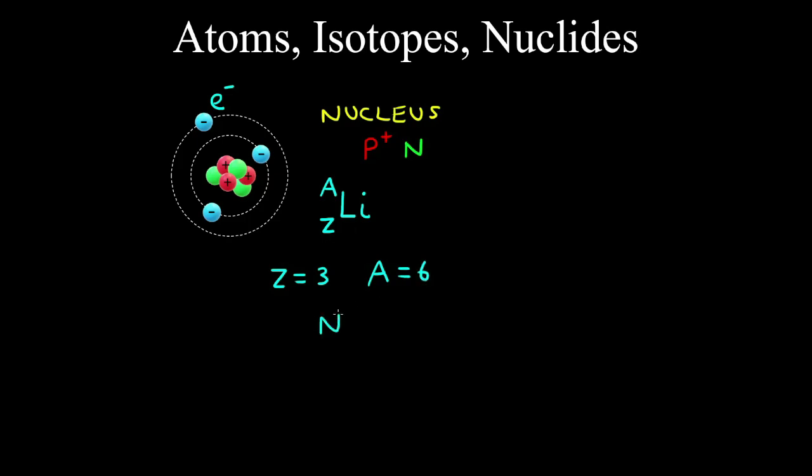So the number of neutrons is the mass number minus the atomic number, which is 3 in this case. And the mass number A is also called the nucleon number.